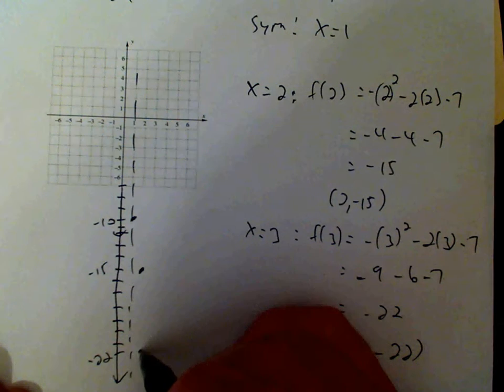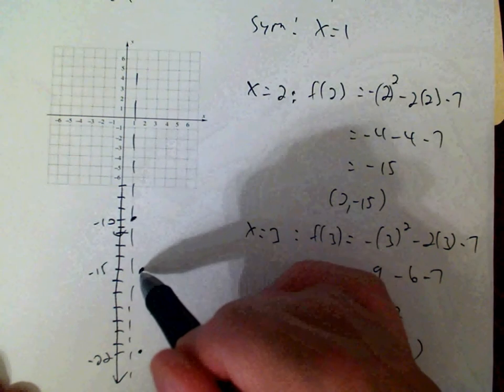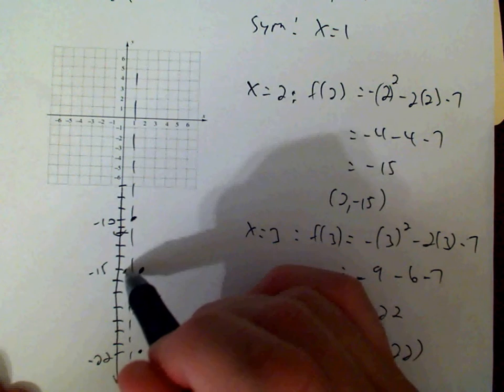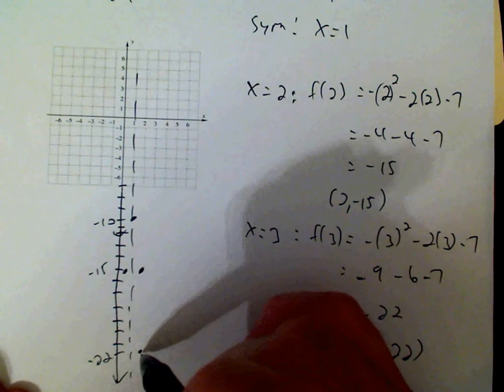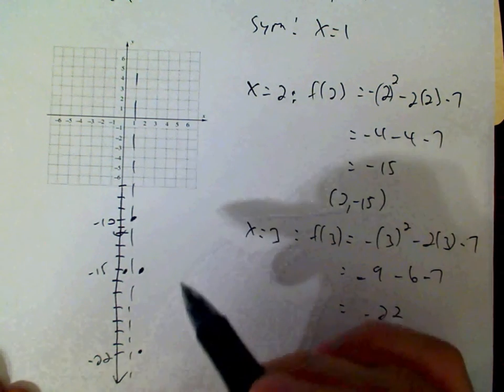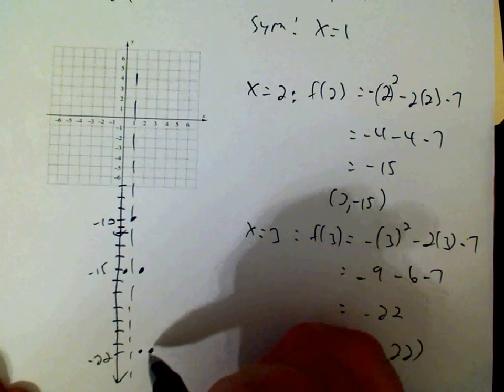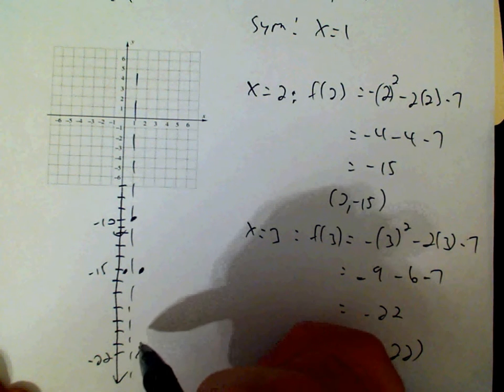Since that's on this side of the line of symmetry, when I flip it over, it's going to be over here. That one, I'll flip it over. It's probably more like over here a little bit. So mark that one out. So that's going to be actually over here.